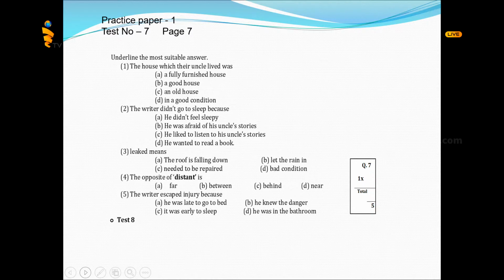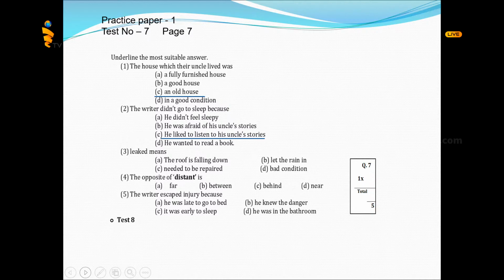So the answer is C. First one, an old house. The second one, the writer didn't go to sleep because, the answer is once again C.